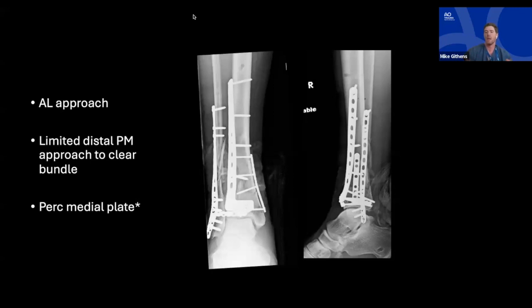And I would argue that in most C-type fractures, especially those with any sort of significant bone loss or comminution through the metaphysis, a dual column plating strategy is very important in regards to maintaining reduction and preventing non-union with deformity. So in this case, we were able to safely slide a medial plate up underneath the patient's traumatic wound and put 4 screws in a percutaneous fashion.